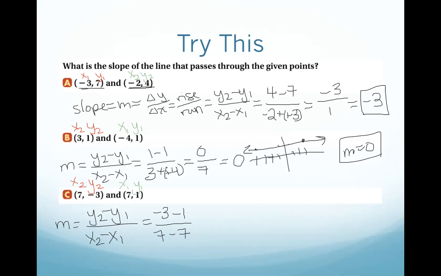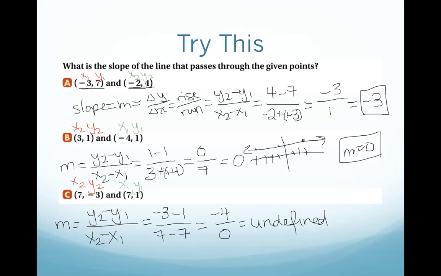So here we have -3 minus 1 is -4, divided by 0. Uh-oh. What happens when I divide by 0? I can't. This is undefined.